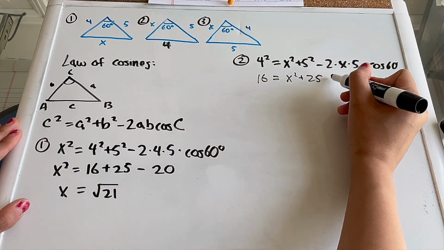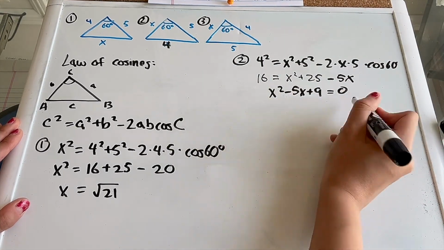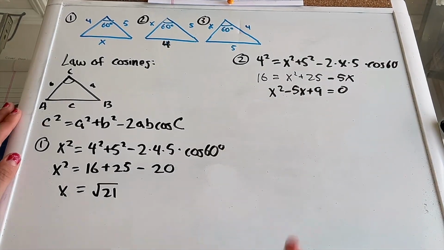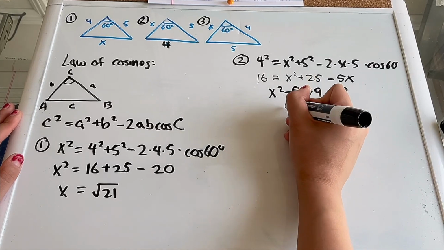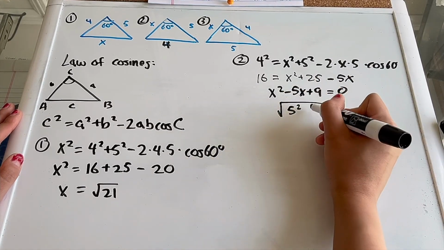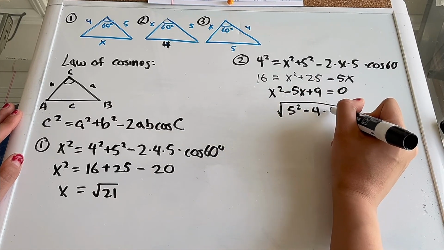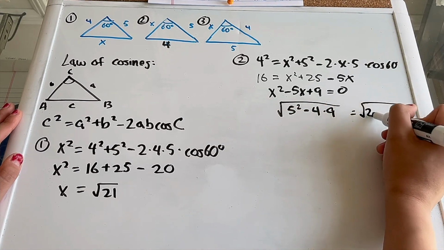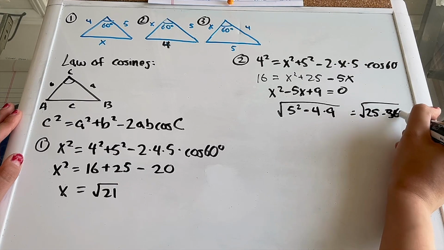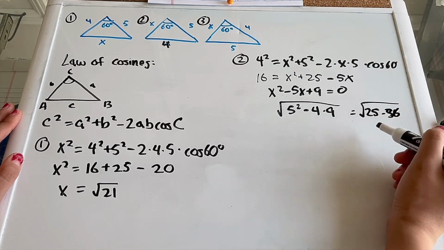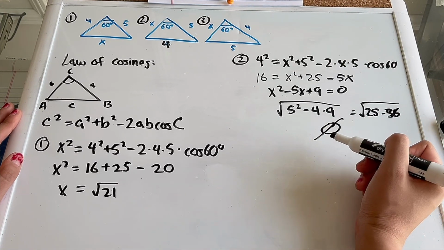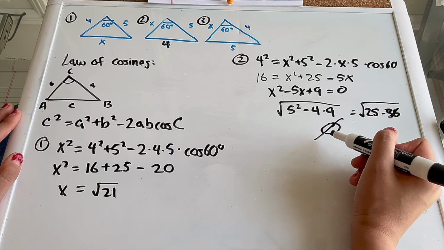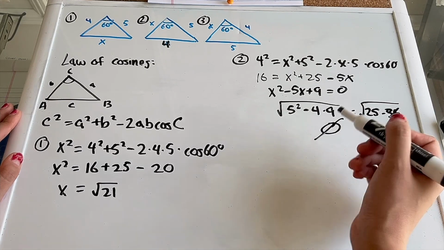And then we simplify, and this is the equation we get. So if we find the discriminant of this, we get the square root of 5 squared minus 4ac, which is 4 times 9, so the square root of 25 minus 36. And this is going to be a negative number, so we know that this set is going to be empty because there is no real value which x can be.